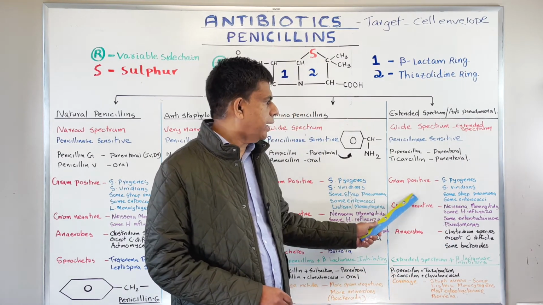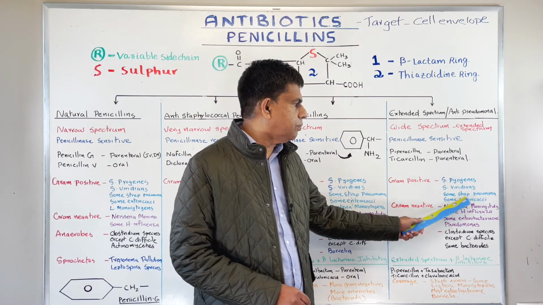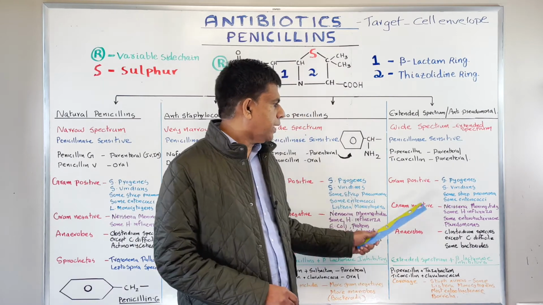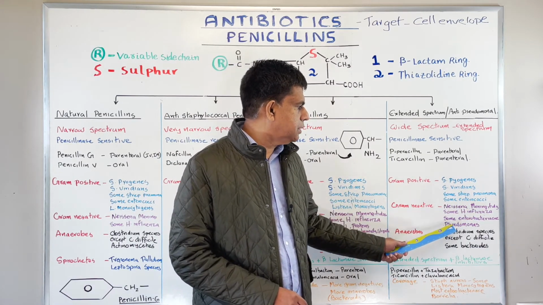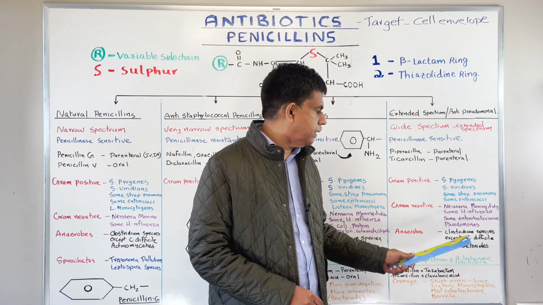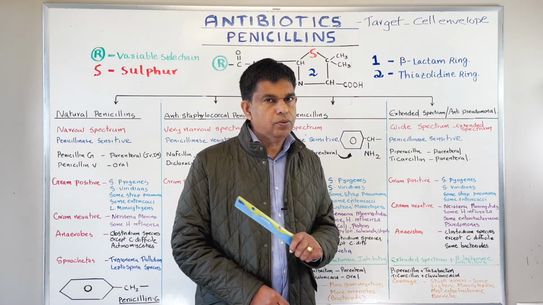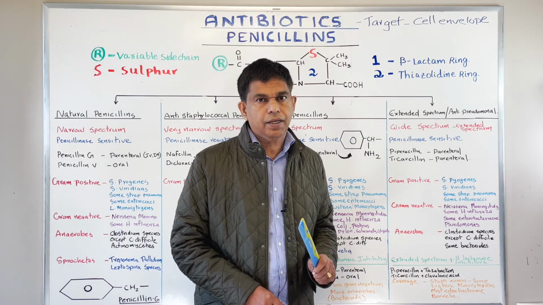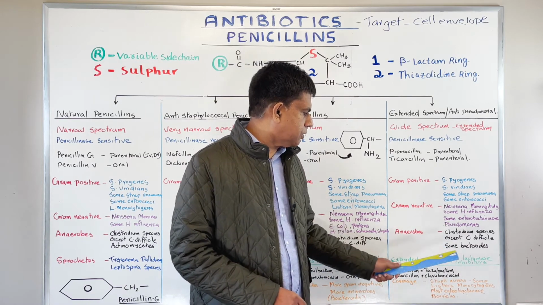Gram-positive: Streptococcus pyogenes, Streptococcus viridans, some Strep pneumoniae, some enterococci. Gram-negative: we've got Neisseria coverage, some H. influenzae, some Enterobacteriaceae, and remember the word Pseudomonas coverage, very, very important, right? This covers it. And anaerobes: it covers Clostridium, but no coverage against C. difficile, remember that. It also covers some Bacteroides.